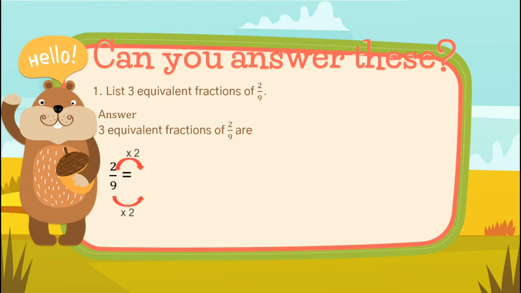2 times 2: the numerator and denominator times 2 equals 4/8. Then times 3 equals 6/12.